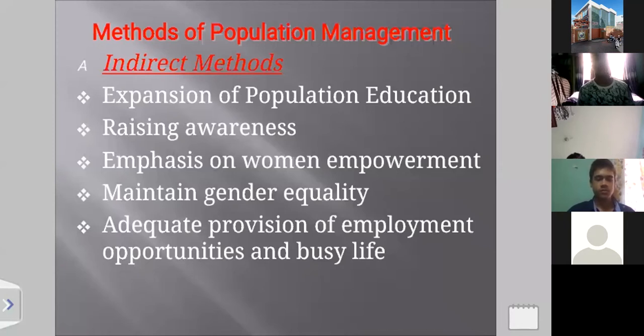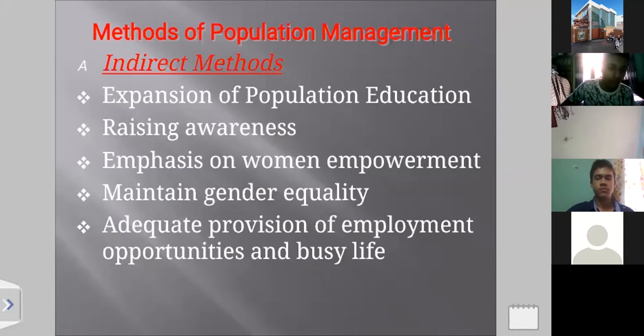So raising awareness means making all the Nepalese people aware of the different side effects of the rapid population growth rate. If we make them aware, the people realize the problems of population growth and the importance of population management. That's the second indirect method of population management.